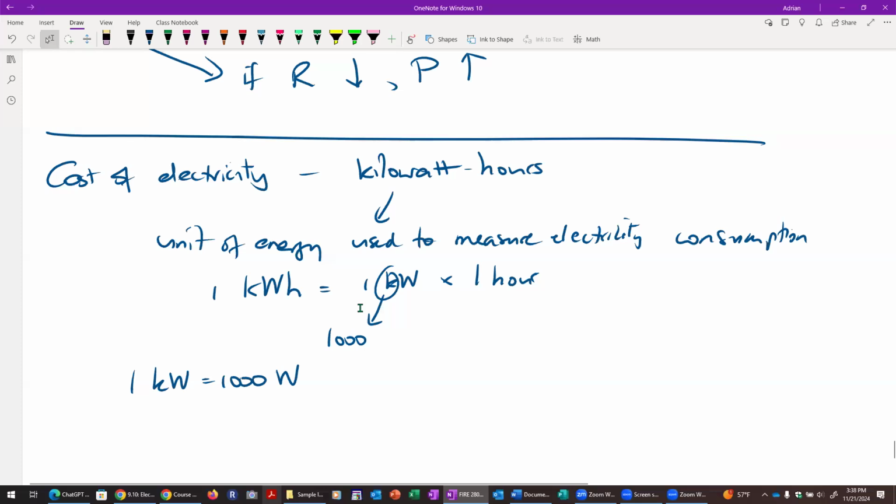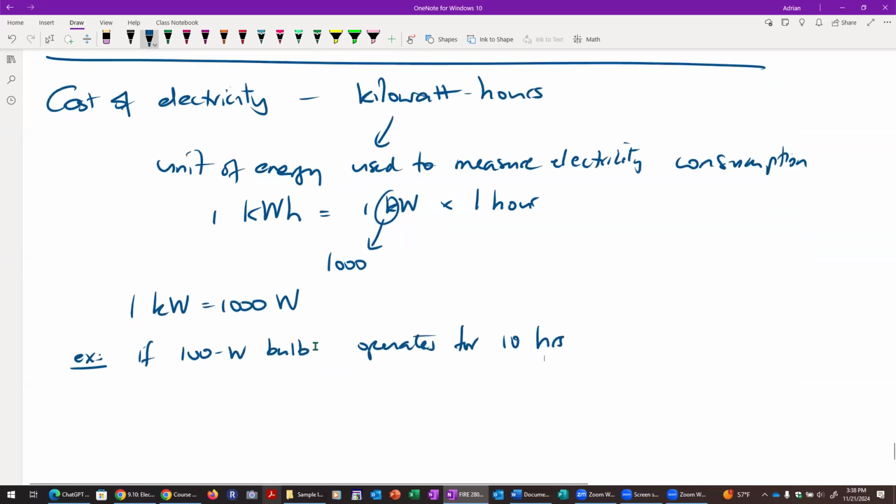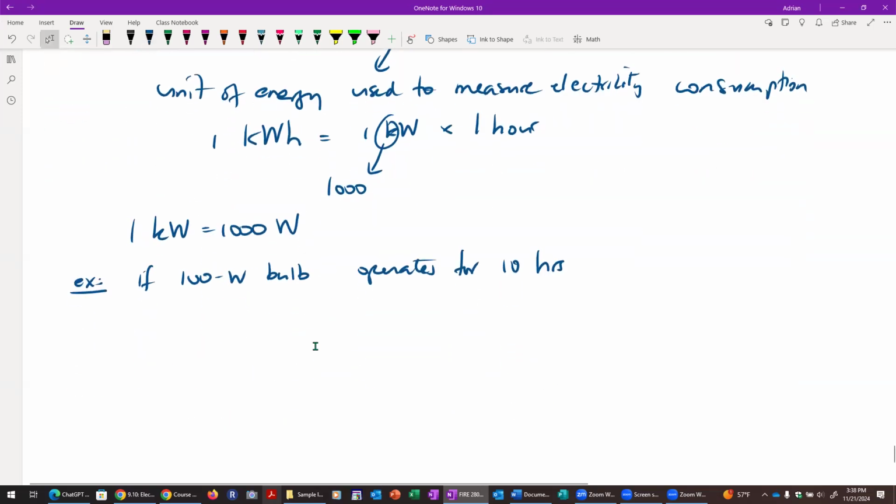So for example, if you have a 100-watt light bulb that operates for 10 hours, the energy that you would consume for this particular bulb for that time would be as follows. So we need to convert our watts to kilowatts.